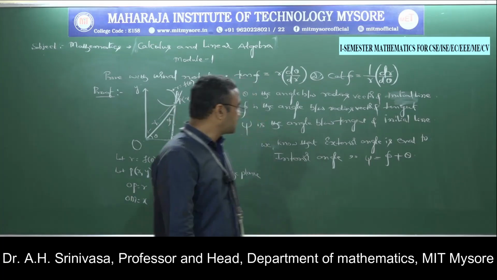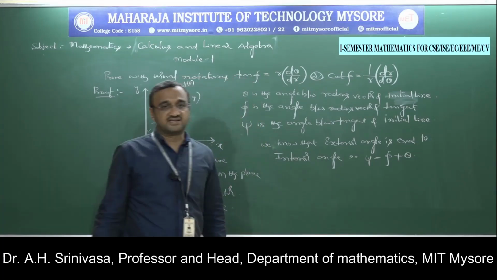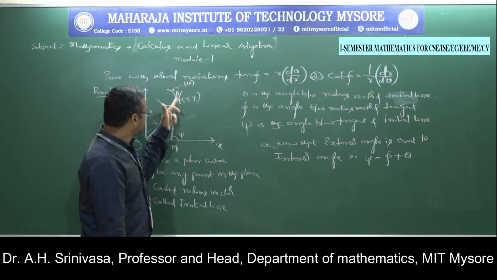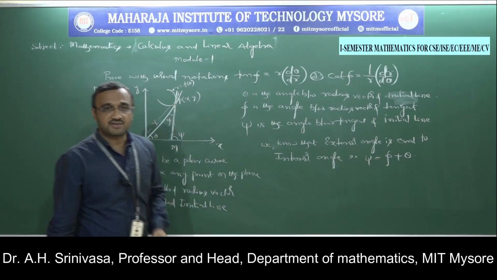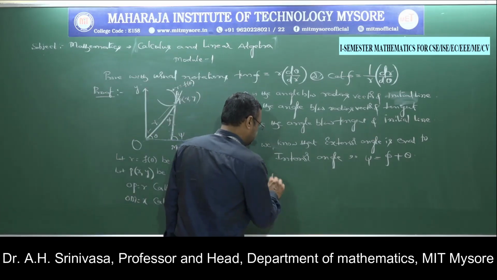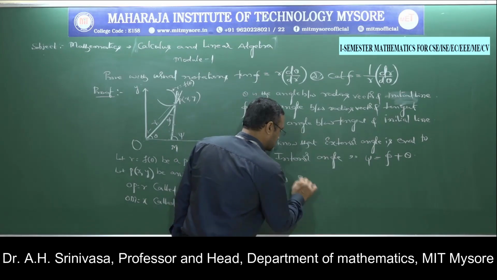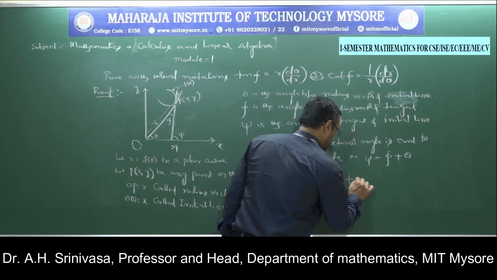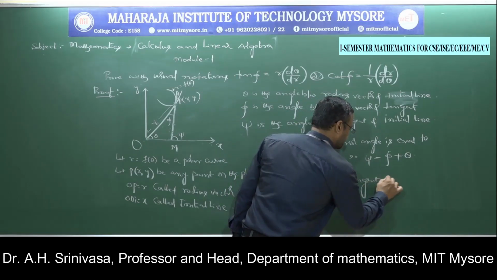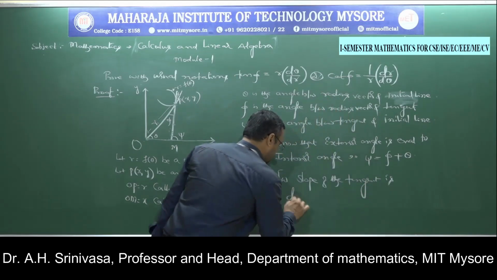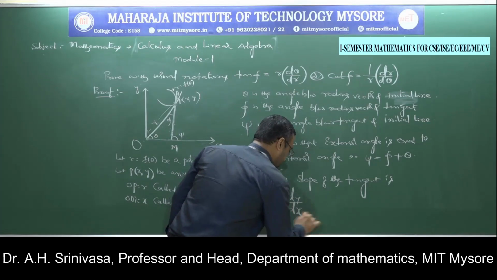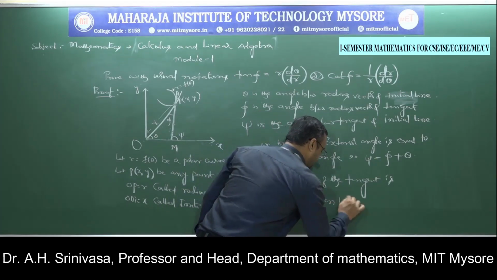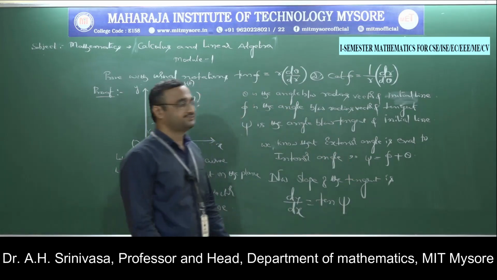Okay. Then after that, we know the slope of the tangent. What is the slope of the tangent? It's a derivative. Now, slope of the tangent is dy by dx, which should be equal to tan psi.